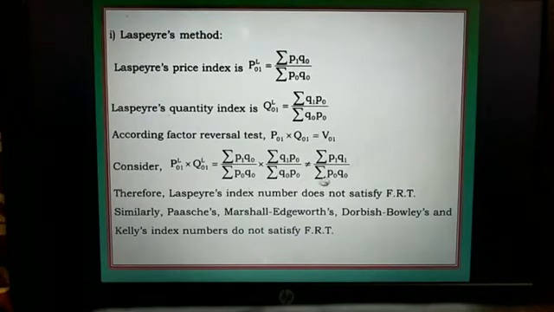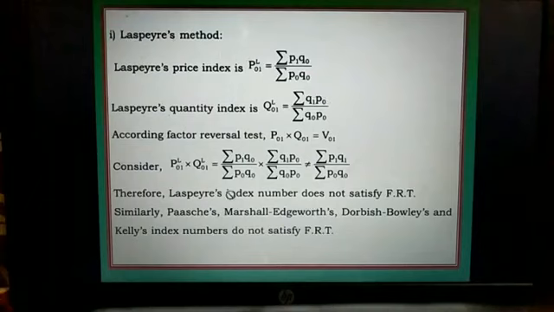But the value index number should have sum of P0 Q0 in the denominator. So this multiplication of the price index number and the quantity index number is not equal to the value index number. That is why we write: therefore, Laspeyres' index number does not satisfy FRT.